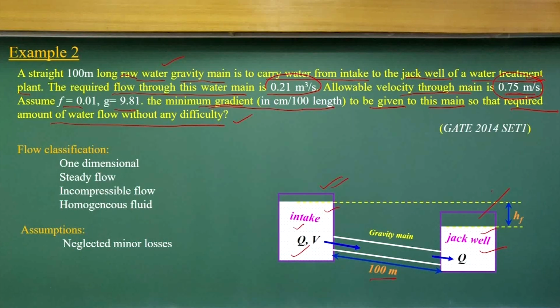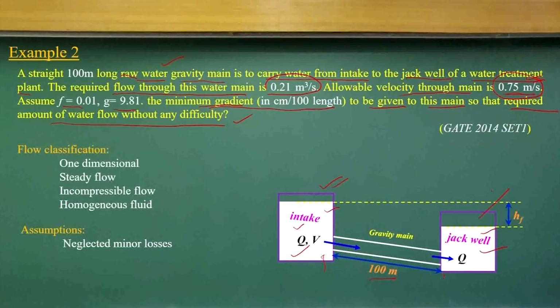The problem, if you look at it, looks very difficult, but it is not. What we are looking at is how much energy loss is happening when flow goes from A to B because of frictional losses. Whether we can put a gradient in such a way that it can maintain the flow.